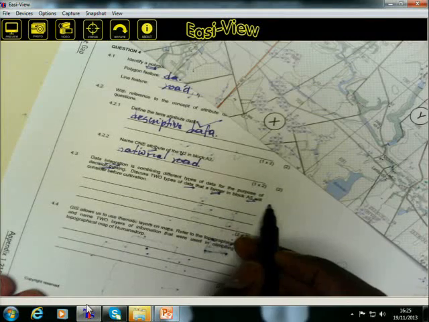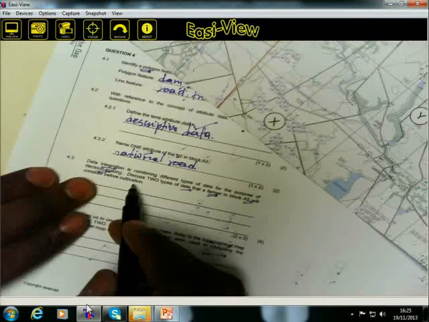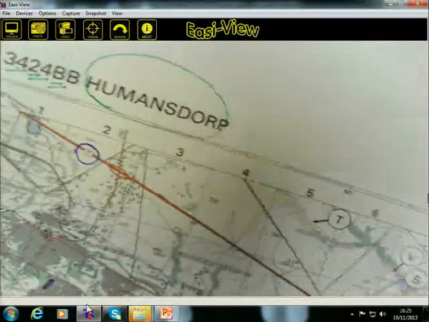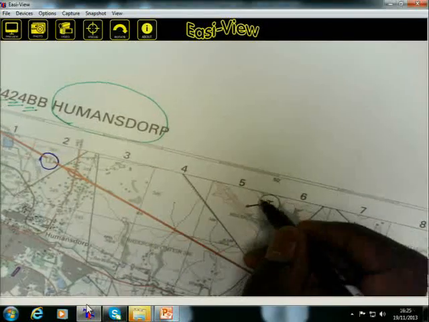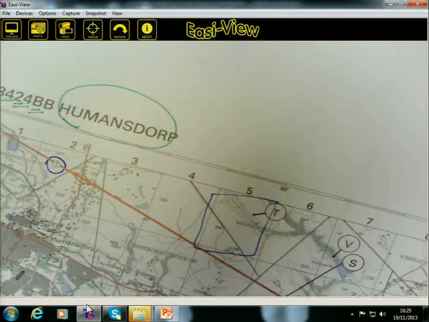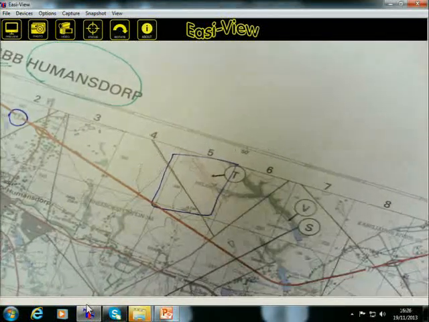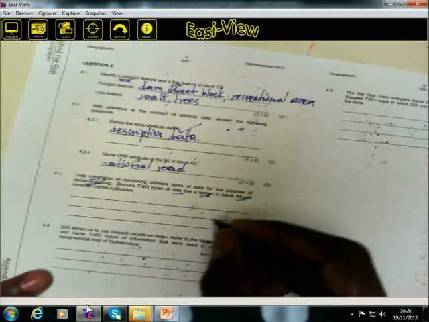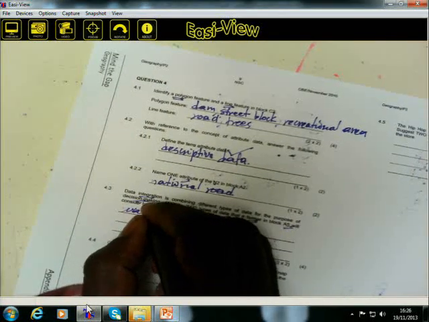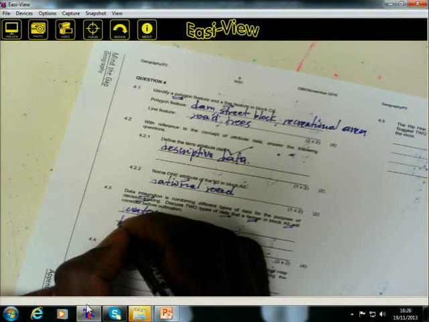Before cultivation, what is it that you look for here as a farmer? If you look around there, you won't get anything. But it's a high order question, it's an application. What do you need as a farmer? You need water. What else do you need as a farmer? You need fertile soil.